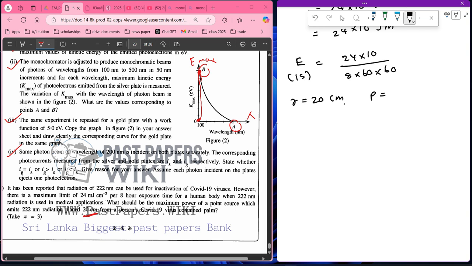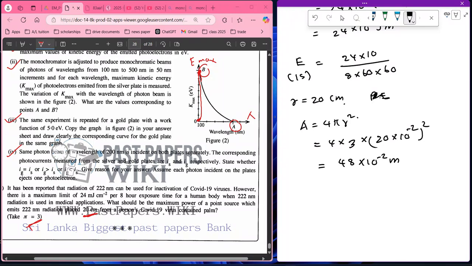Now we come to the area part. The area of a sphere is 4 pi r squared. Pi is given as 3 here, and the radius is 20 into 10 to the power minus 2 meters, squared. Overall that gives 48 into 10 to the power minus 2 meters squared.